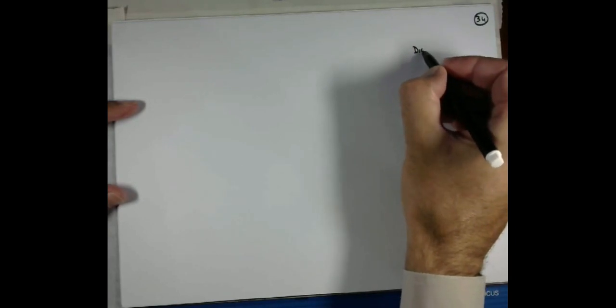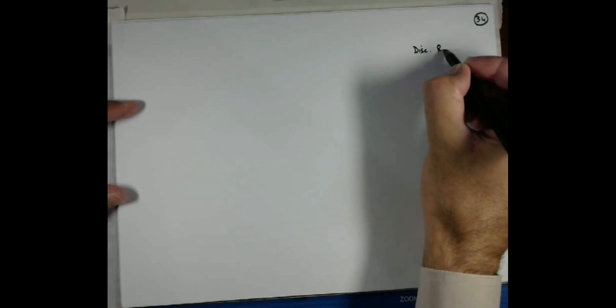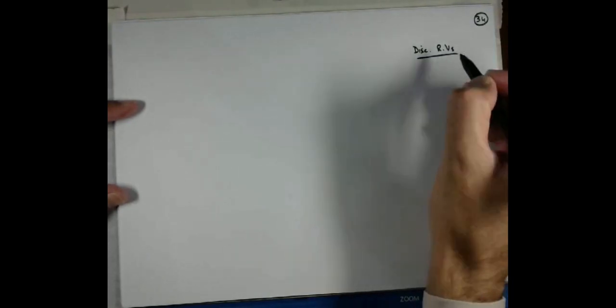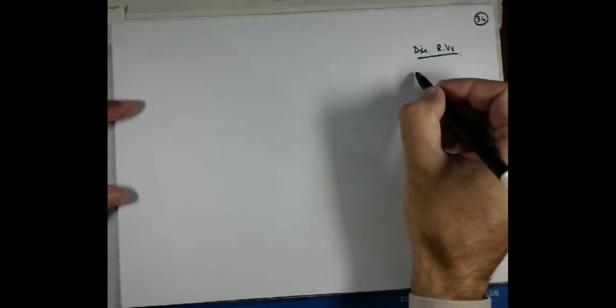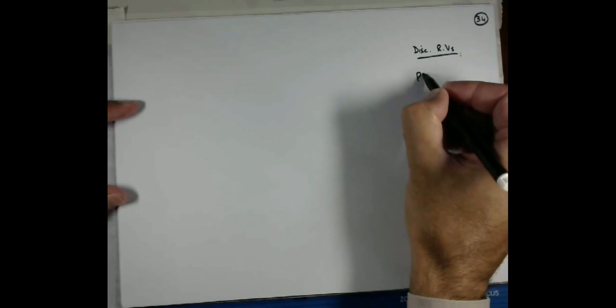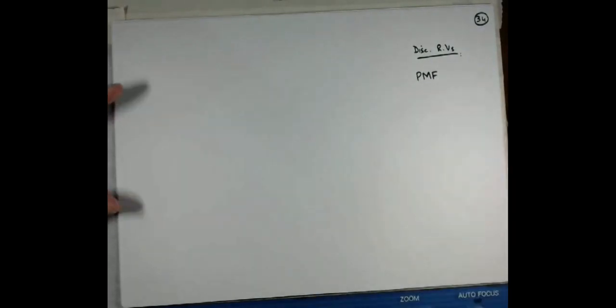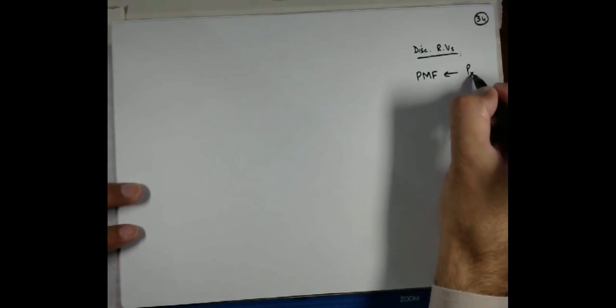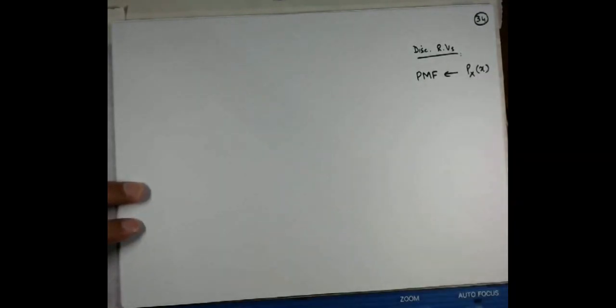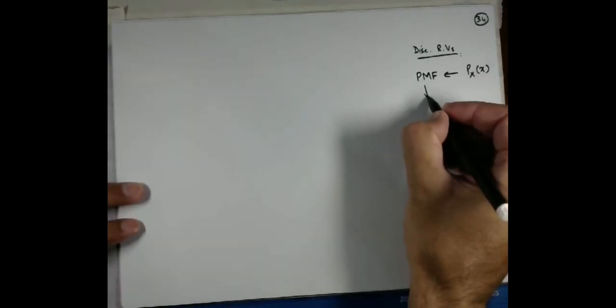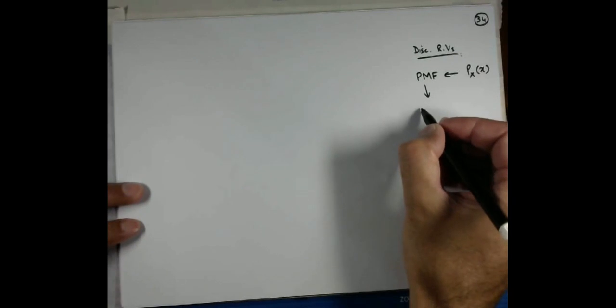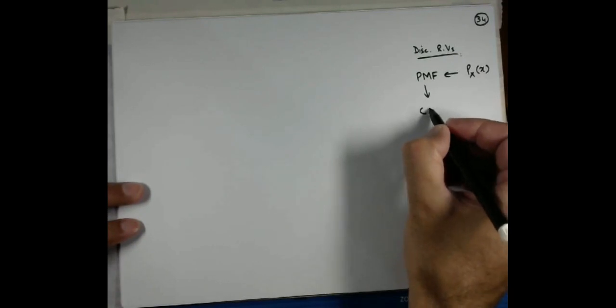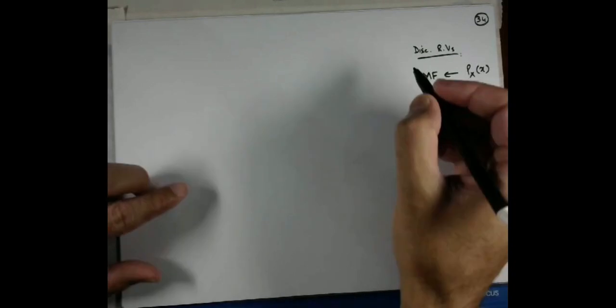For discrete random variables, if you recall, for probability distribution, we used the concept of PMF, probability mass function, and we used to represent it with certain notation, say P sub x of x. And then from PMF, we developed the concept of cumulative distribution function.